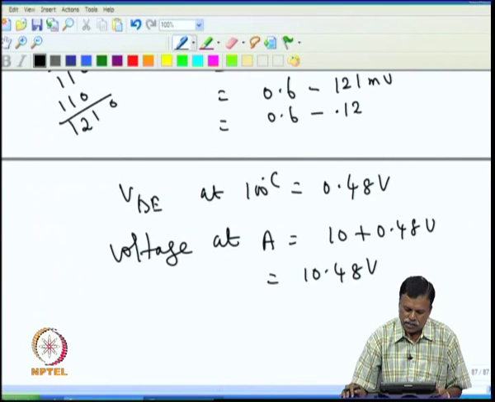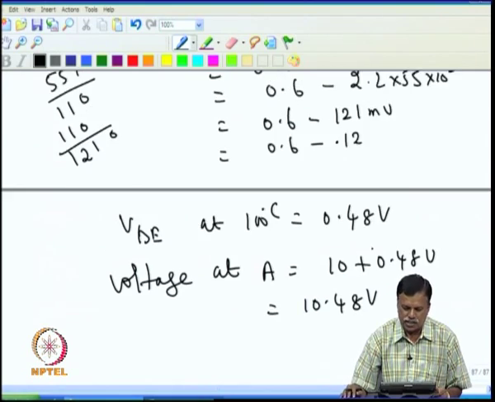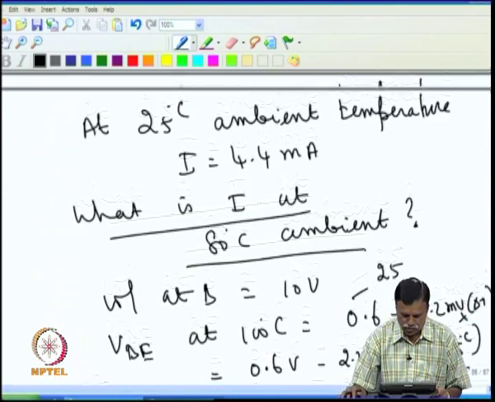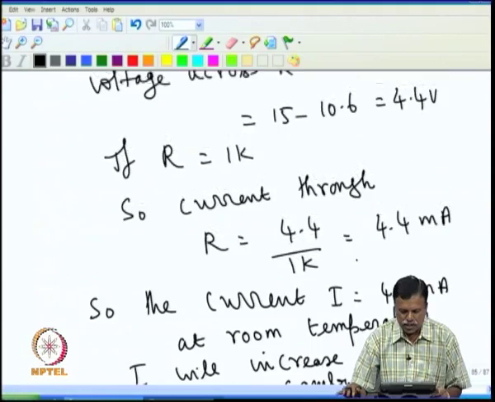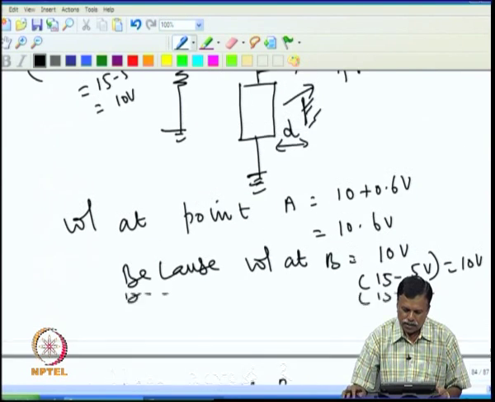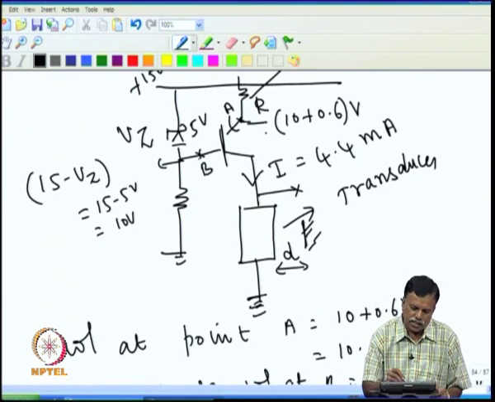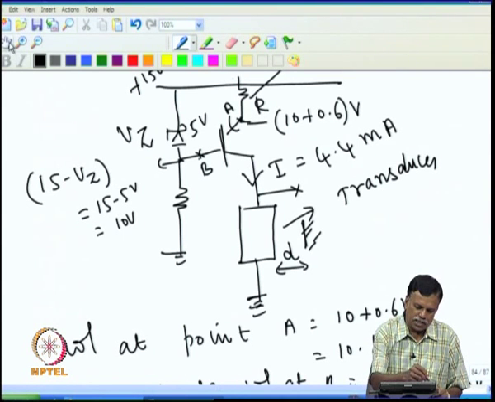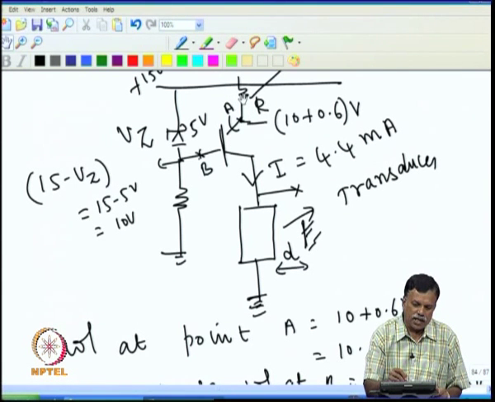Now we find out the current flowing through the resistance R1, because now we know the voltage at A is 10.48 and this is 15. So the voltage across R is 15 minus 10.48 divided by R, which will give the new current.